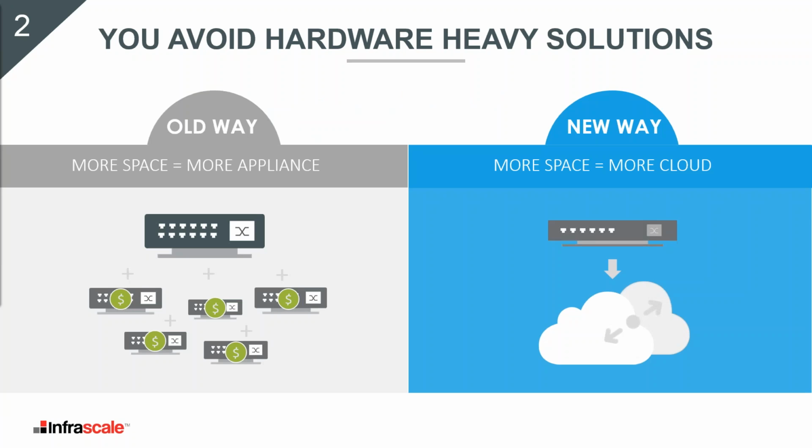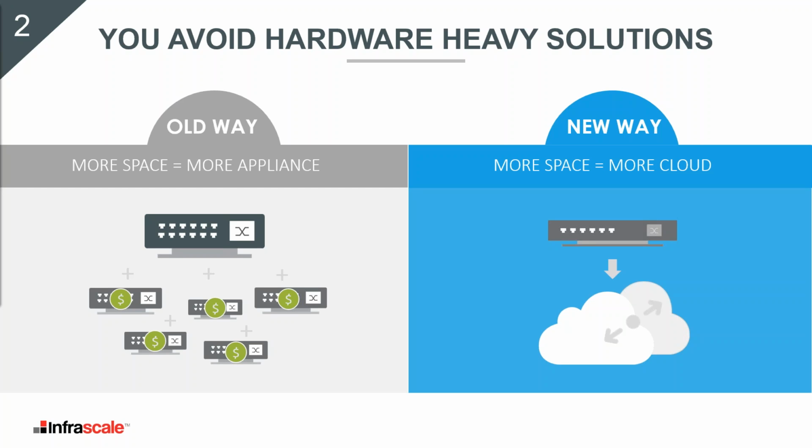So number 2 is avoid hardware-heavy solutions. These should also be avoided. You really do want to find a solution that can utilize cloud spillover, and that's going to save you a lot of money. What you see on the left is a common scenario.